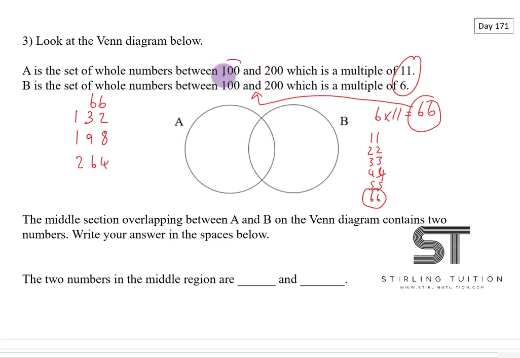So it needs to be between 100 and 200. So 66 is going to be no good. 264 is going to be no good. So the two numbers that would fit between here would be 132 and 198, and we need to write them below here. So finding that common multiple, and in this instance it's 66.